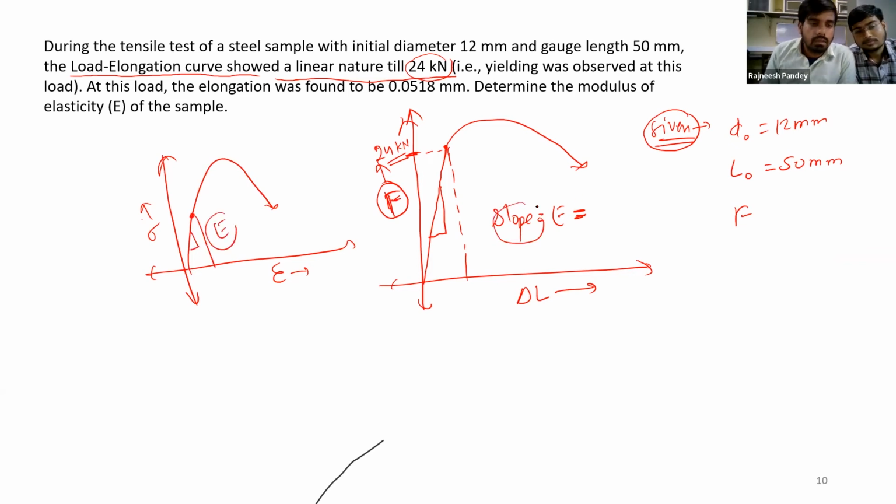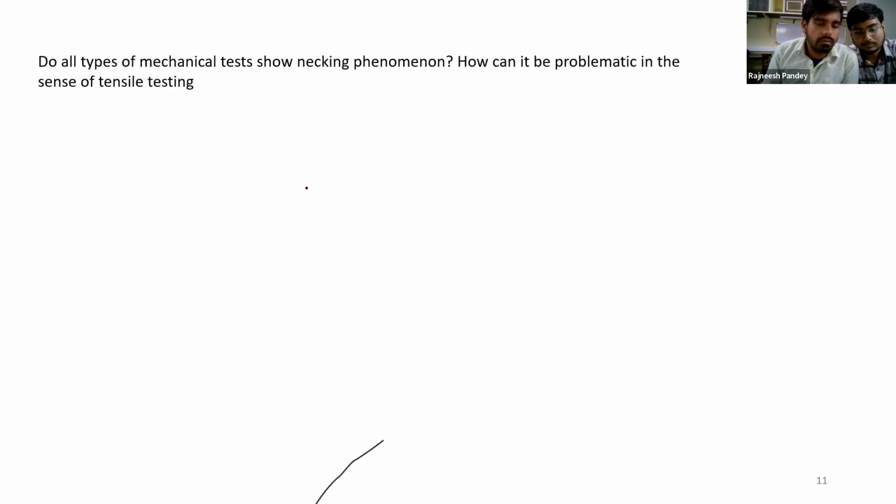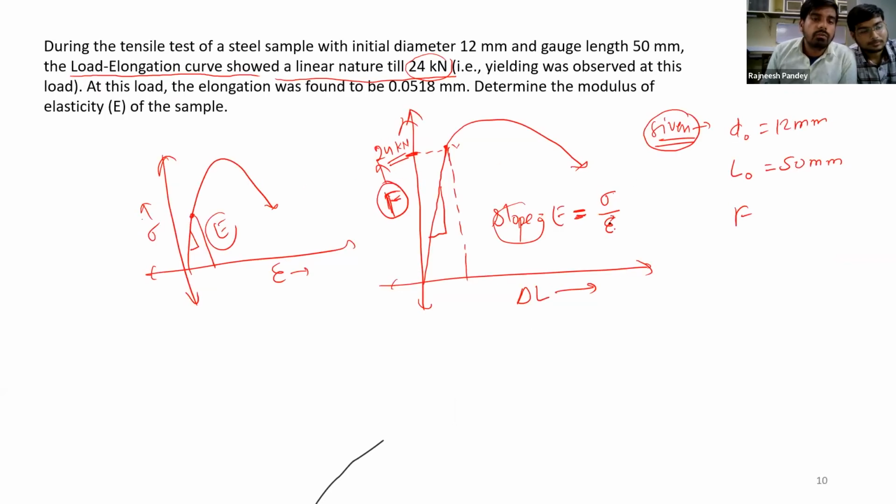So we are going to calculate the slope with the help of these values, and it is nothing but sigma by epsilon. At the yield point, first we calculate the stress, that is F by A naught, which is 24 kilonewton divided by the initial area, the circular area, pi d naught squared by 4, where d naught is 12 mm.